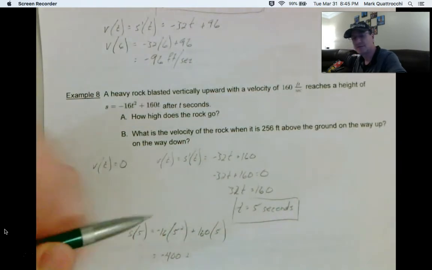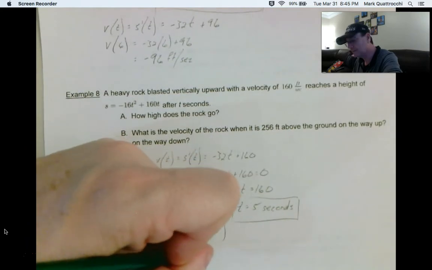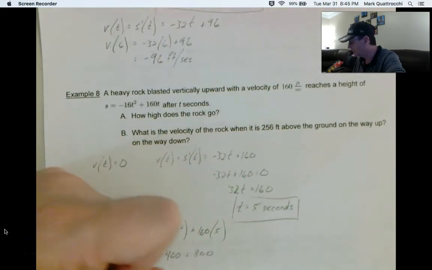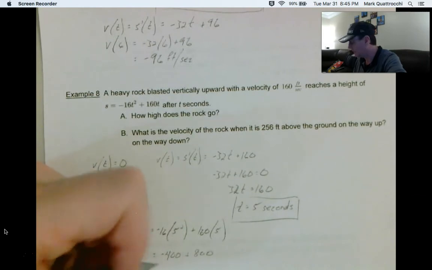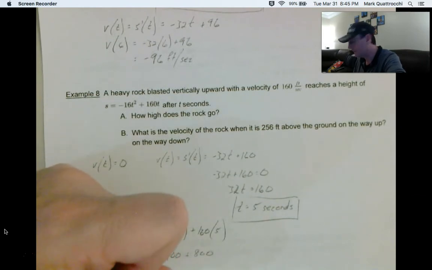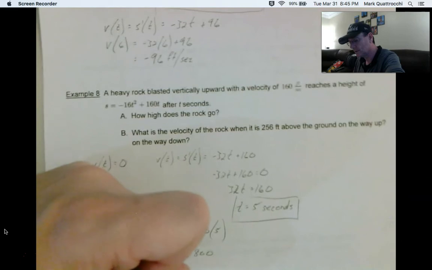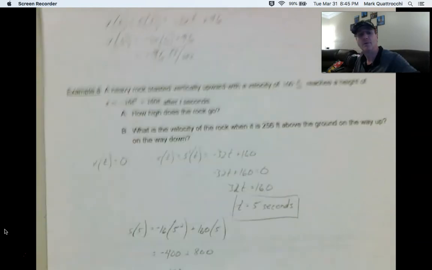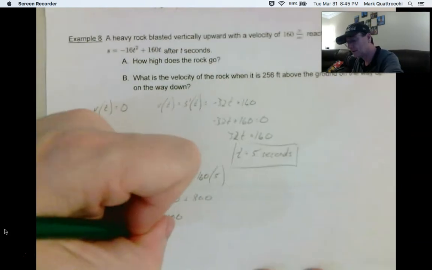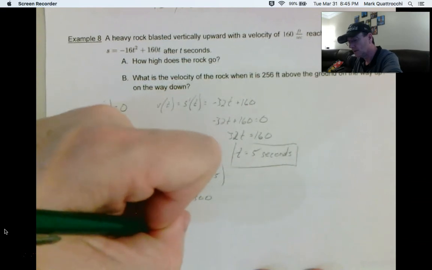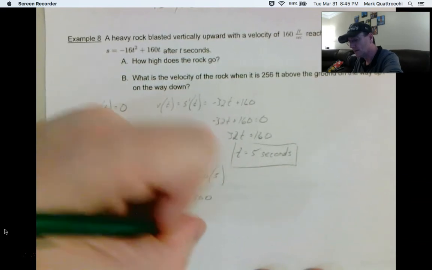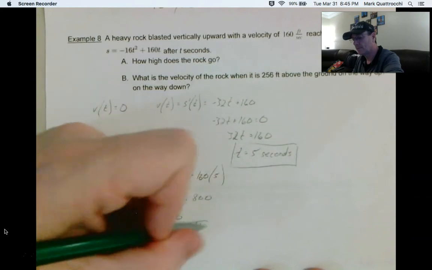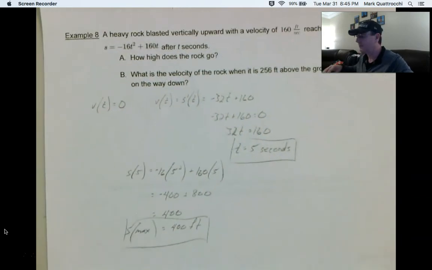Plus 5 times 160 is 800. So the max height is 400 feet. S max, I'm going to call it that. The max height that it goes is 400 feet above the ground.